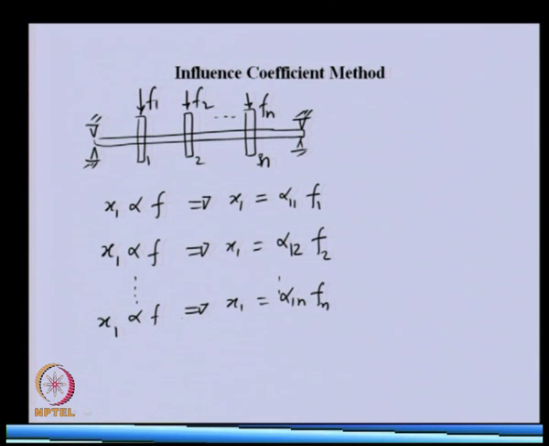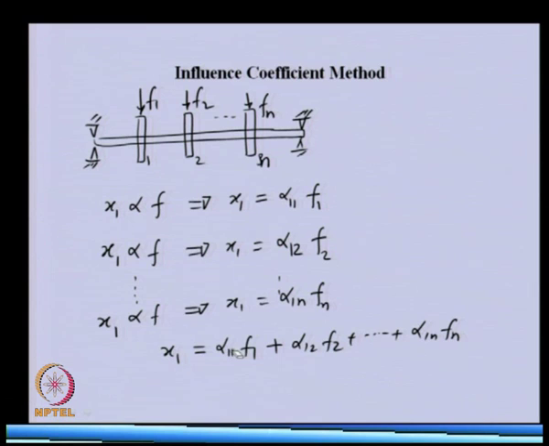So, that means displacement at x will be the summation of displacement due to force F1, given by this one, then displacement due to F2 at the same x location, so that will be F1, F2 and so on up to the nth force. So, we got displacement at disk 1 due to various forces at various disk locations from 1 to n.